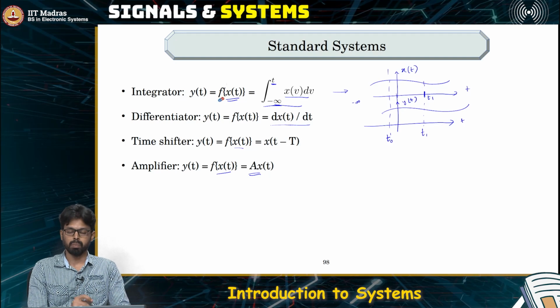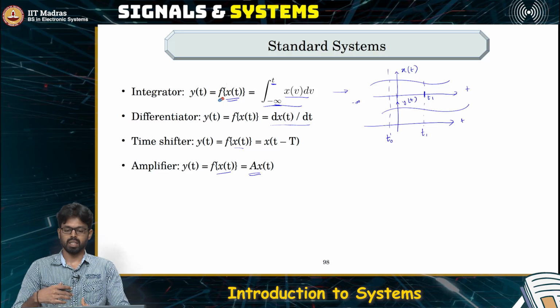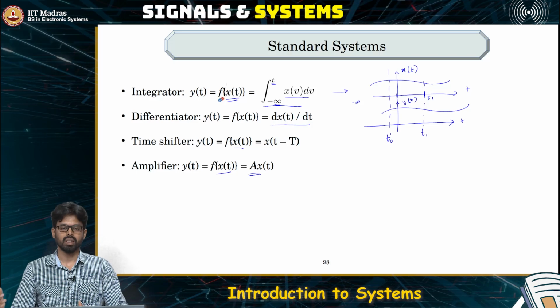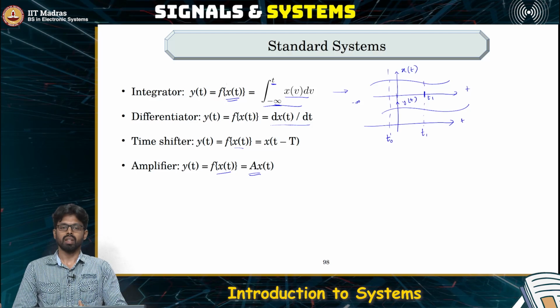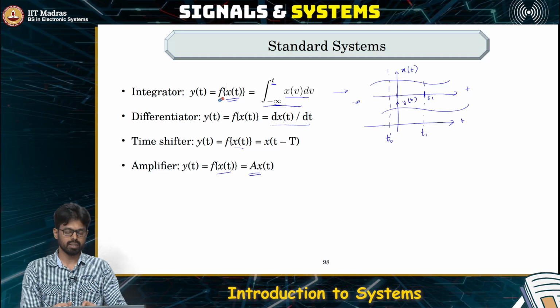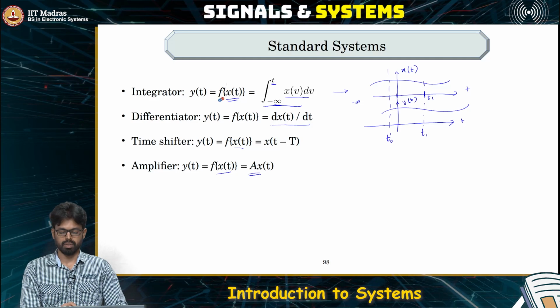These are properties that can help us classify these systems. Once we understand the classifications, then we can say these are classes of systems which we can completely characterize and understand. That's what we'll try to do. So we'll study the properties first.